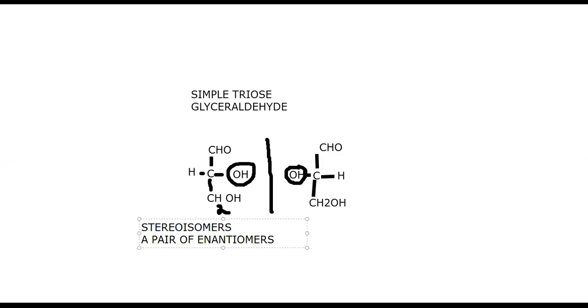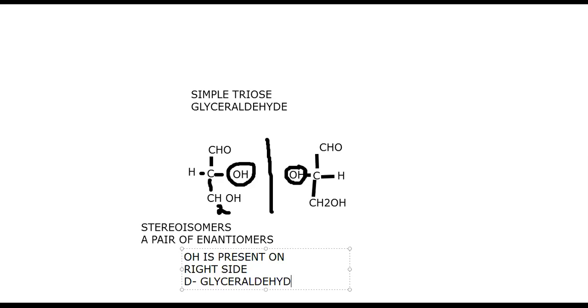The structure in which the OH is present on the right side is called D-glyceraldehyde, and the one where the OH is present on the left side is called L-glyceraldehyde.